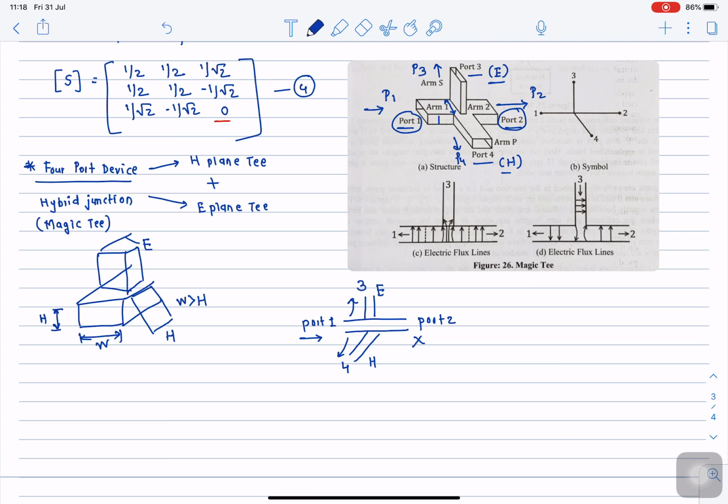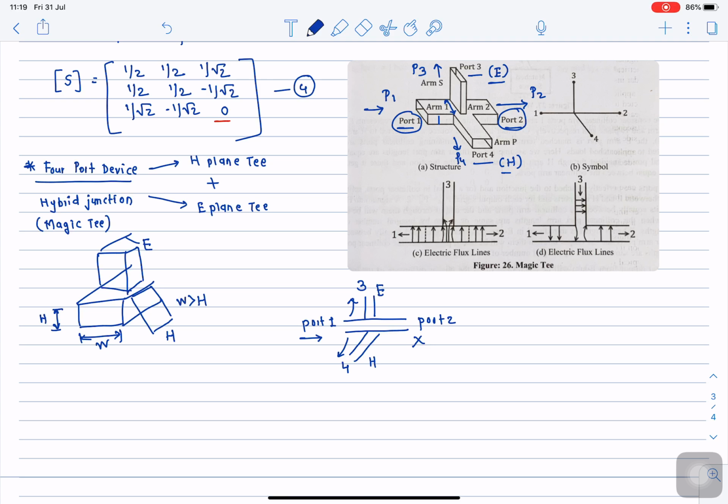None of the power will come from a collinear port to any other port. So this is actually what we are not expecting.